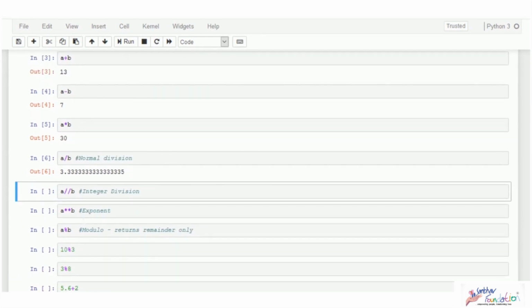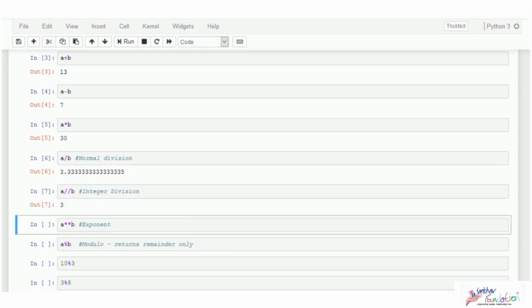When we use division, we have two kinds of divisions that are possible in Python. One is the normal division and the other is the integer division. Normal division gives the exact decimal value when you divide, but integer division only gives the integer part.